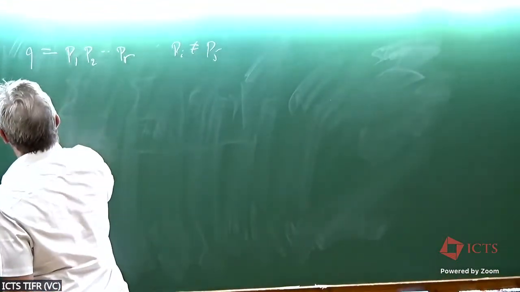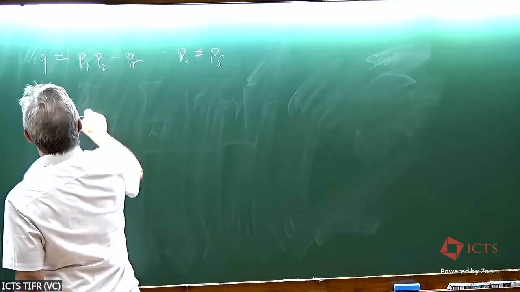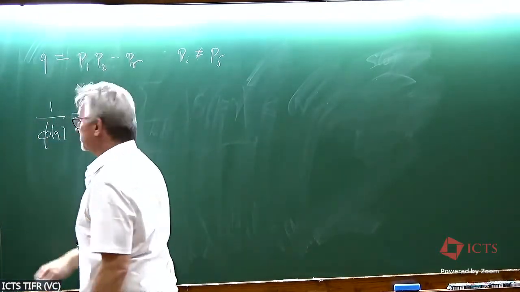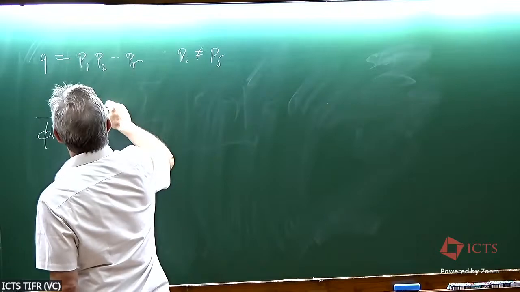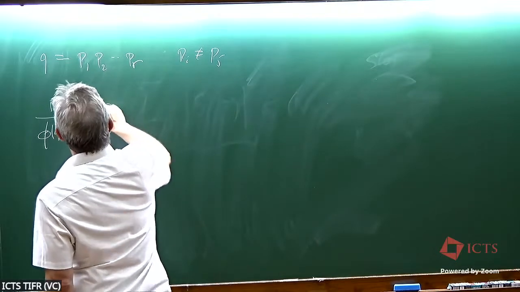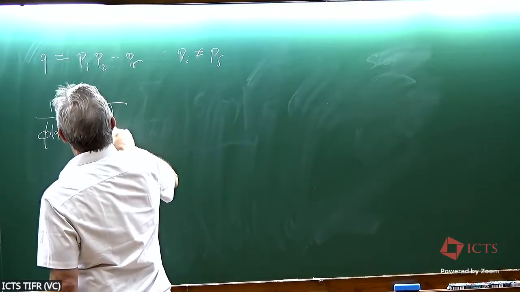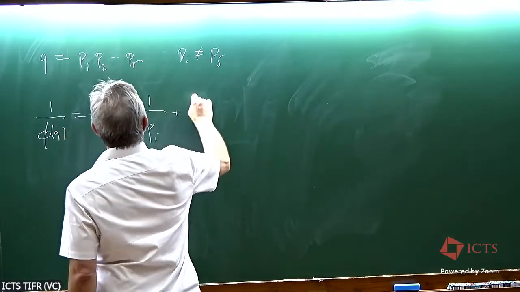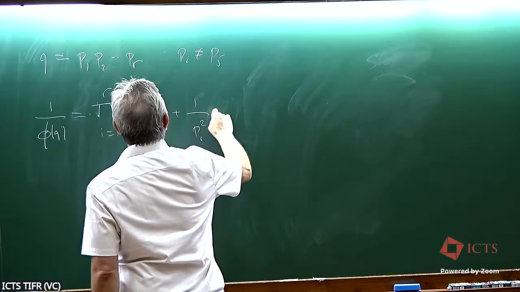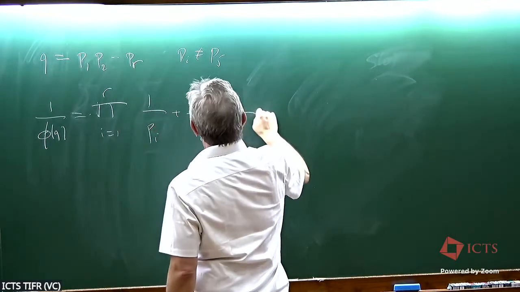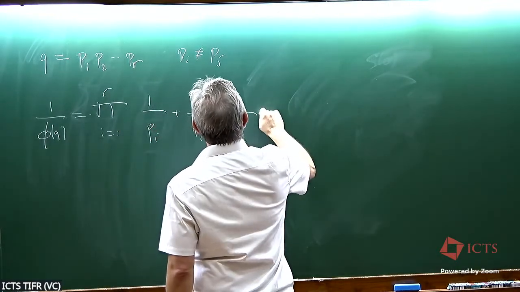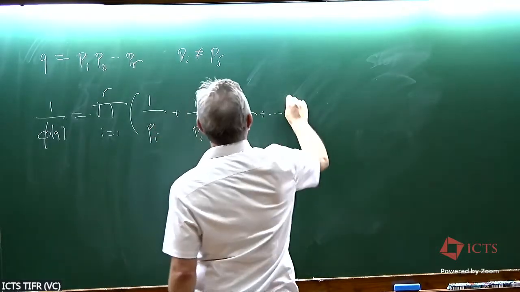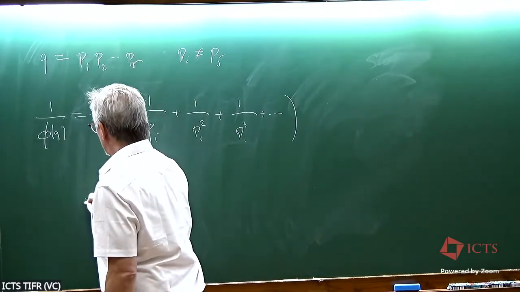So 1 upon φ of Q is equal to the product, over i from 1 to R, of 1 upon Pi plus 1 upon Pi square plus 1 upon Pi cube, and so on. Is equal to what?